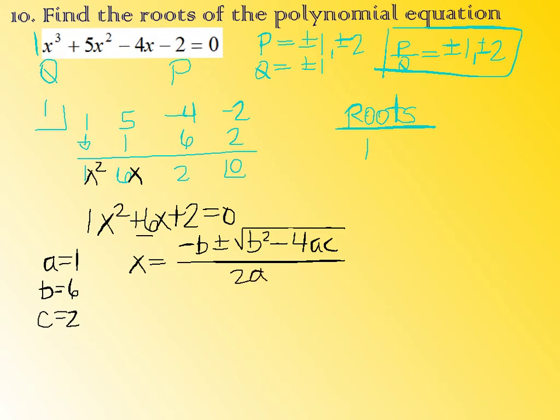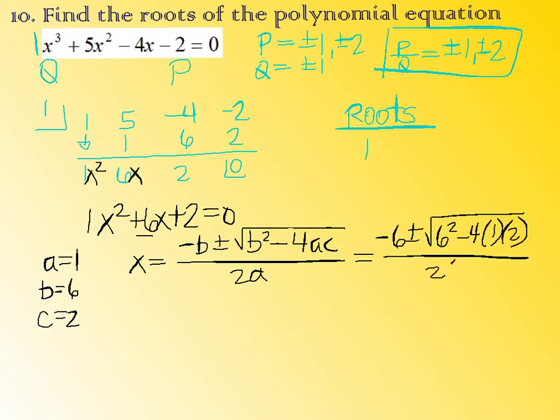So plugging this in, I get opposite of b, so negative 6, plus or minus the square root, b squared, so 6 squared, minus 4 times a, which is 1, times c, which is 2, all divided by 2 times a, so 2 times 1.